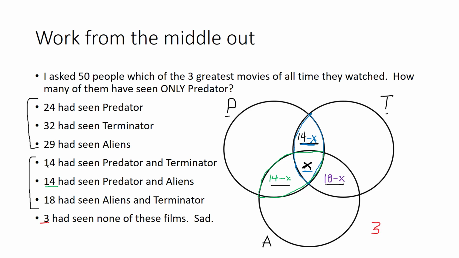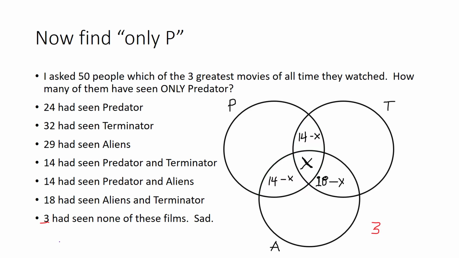So on we go now. To find only p, how would we go about doing that? Well, only p, like we talked about, is right here. This is where things get a bit busier, a bit trickier.